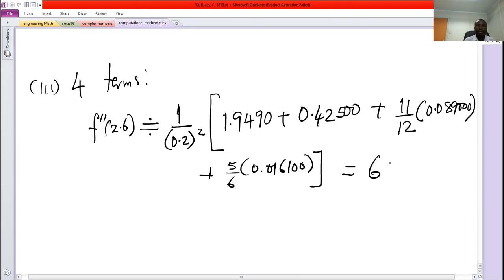And when you work out this one, you get 61.725. So that is the answer to that given part of the problem.